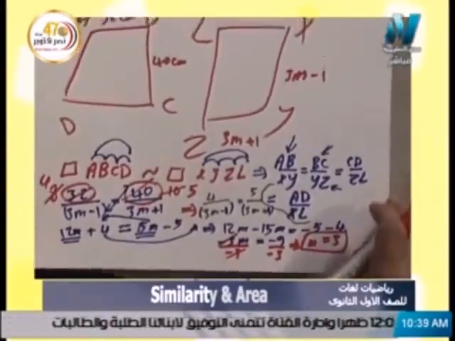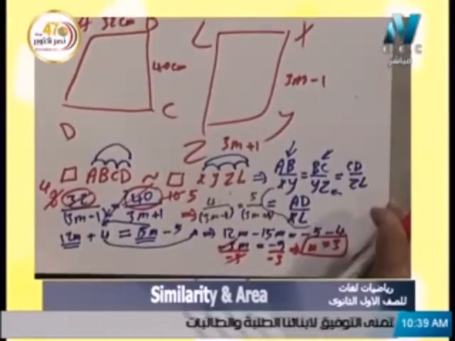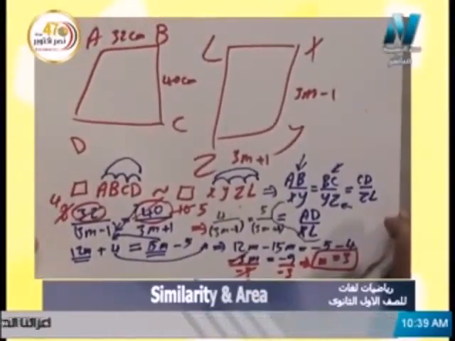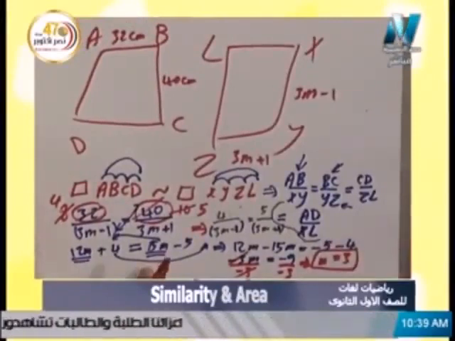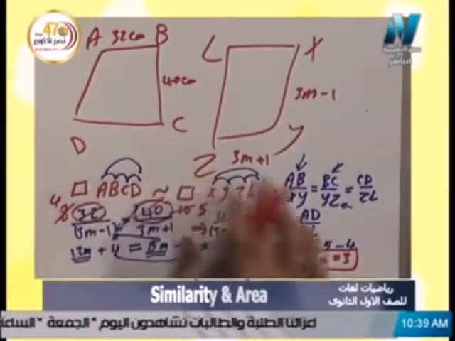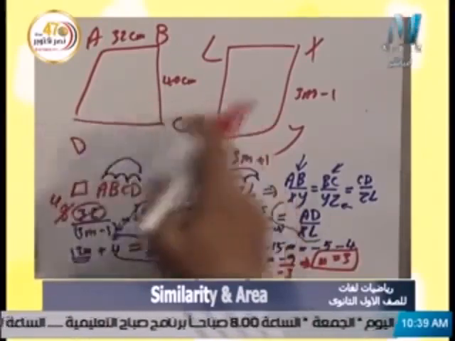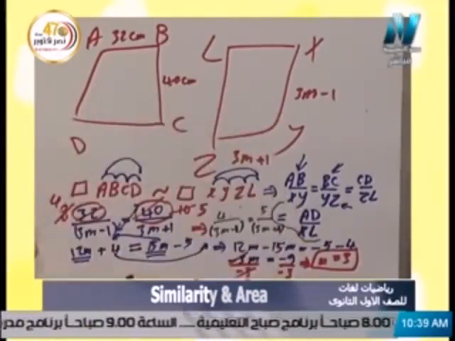So now we have answered Salma's question, which is about two polygons that are similar.